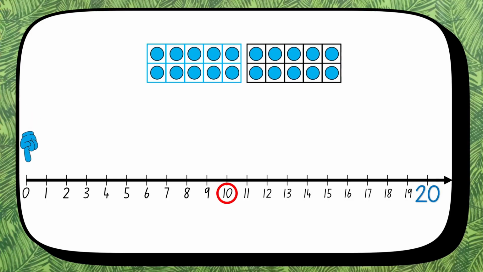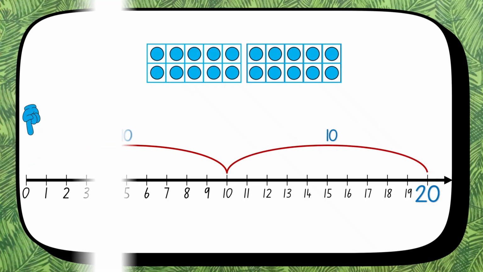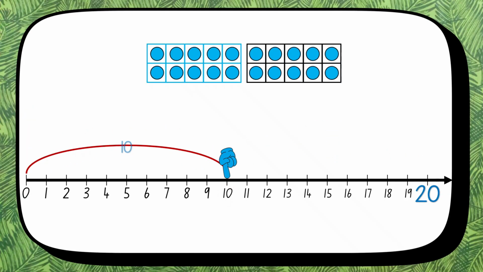Let's start with one big jump to 10 and then another big jump to 20. We've made it to 20 in 2 big 10 jumps. 10, 20. Let's count by tens together. Ready? 10, 20.